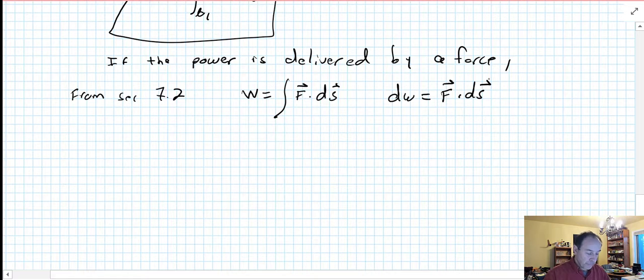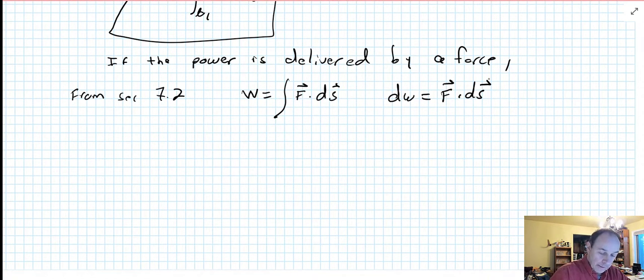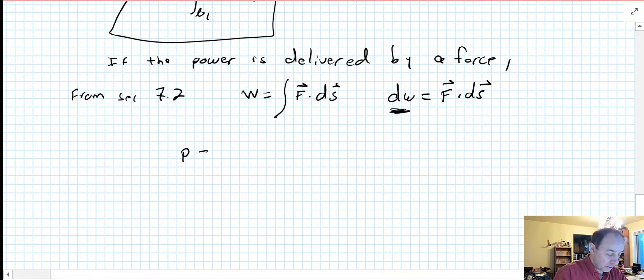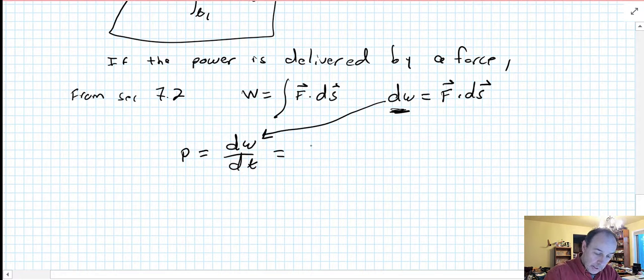Now, we can find the power that's delivered by a force by substituting this in our power definition, dW/dt. It's the same dW, it's work. So our power is going to equal F dot ds over dt.